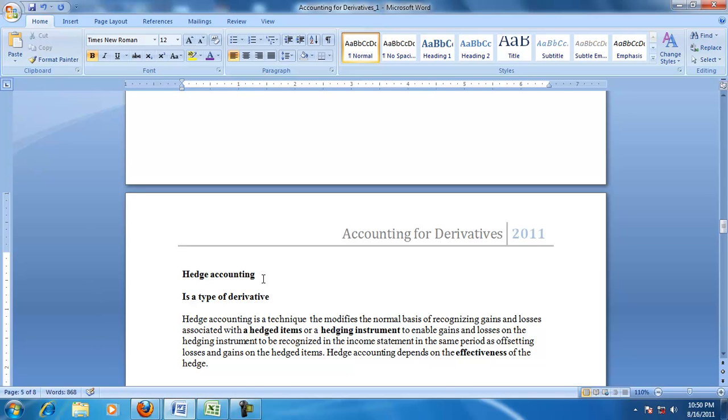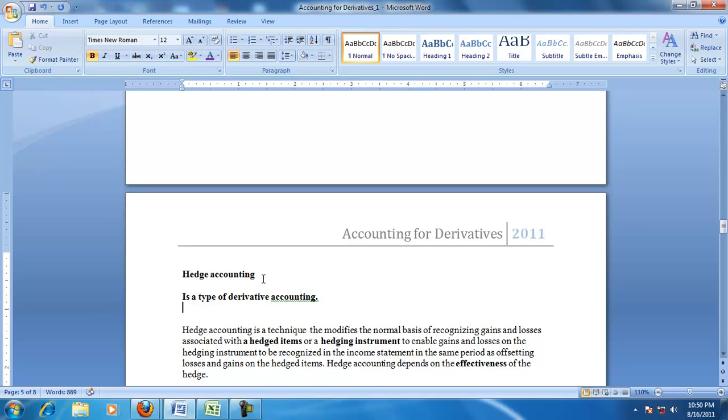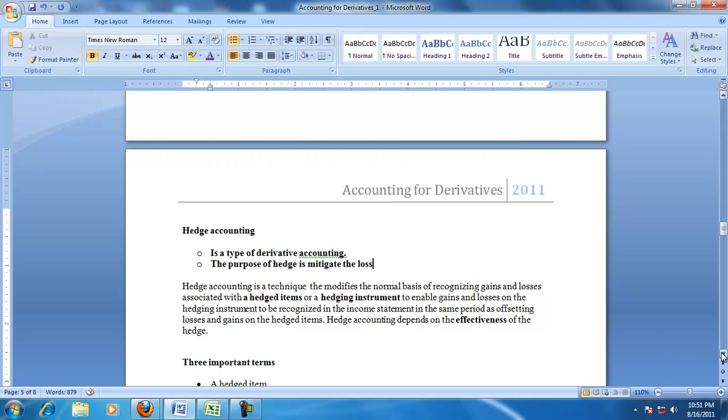But the purpose of hedge is to mitigate the loss, whereas the purpose of held for trading is to make profit. That's why it's speculative.